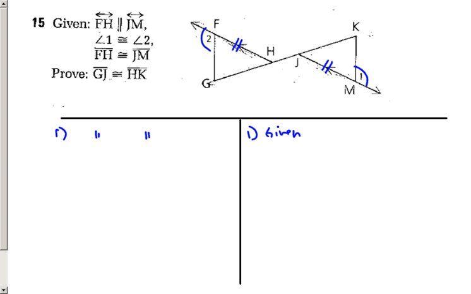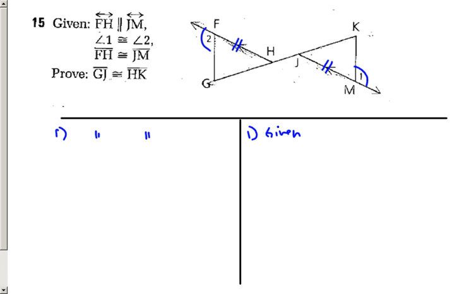I want to prove that GJ is congruent to HK. This is a really good proof because it uses a lot of the concepts that we've used throughout the first few chapters of this book. I'm not going to leave the goal as one of my marked givens, but I can leave the other things.